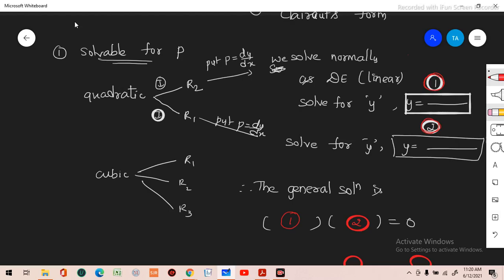Those solutions you should write in terms of product. If you write it this way, that is your general solution of the given differential equation. You just have a rough idea now. Now we will solve one problem, and we will come to know exactly what is happening in solvable for p.